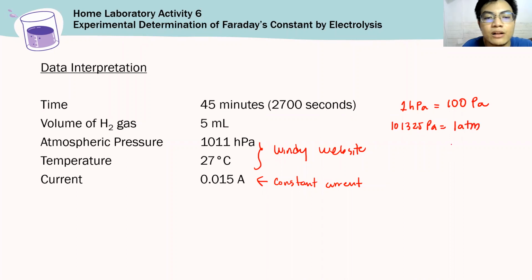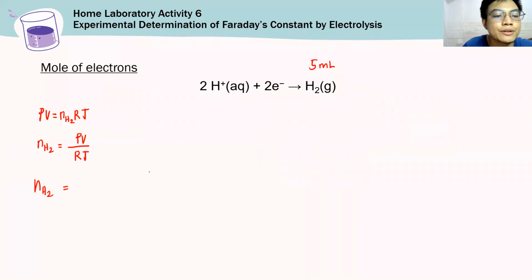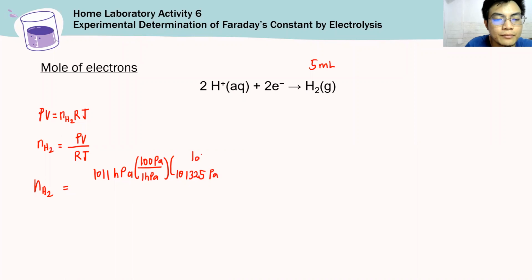So we have to do several conversions to convert hectopascal into pascal, then into atm. So I will show it here. I have 1011 hectopascals, and I'll convert it into pascals, and then convert it to atm. Okay, so that's our conversion for the atmospheric pressure.